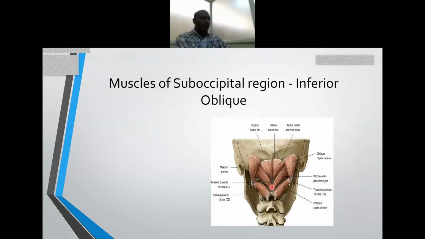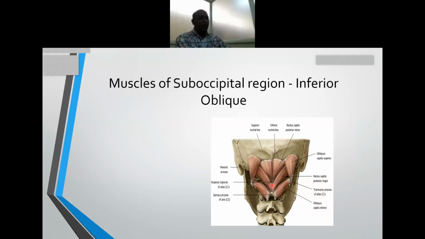Some books mention the rectus capitis posterior major as the medial boundary of the suboccipital triangle, the inferolateral boundary is formed by the obliquus capitis inferior, and the obliquus capitis superior forms the superolateral boundary of the suboccipital triangle.